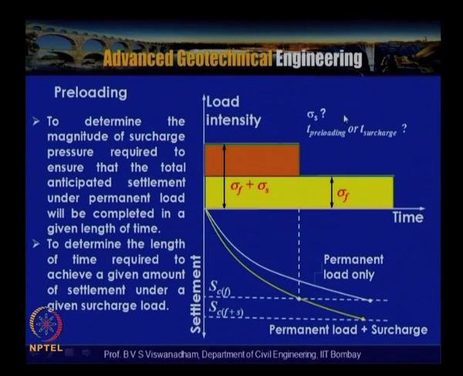Another question is, apart from sigma f, what should be the intensity of sigma s required so that the desired settlement can be achieved. At the bottom, the time versus settlement plot is shown. If we have permanent load only, the consolidation settlement may take a long time, sometimes longer than the duration of the project.